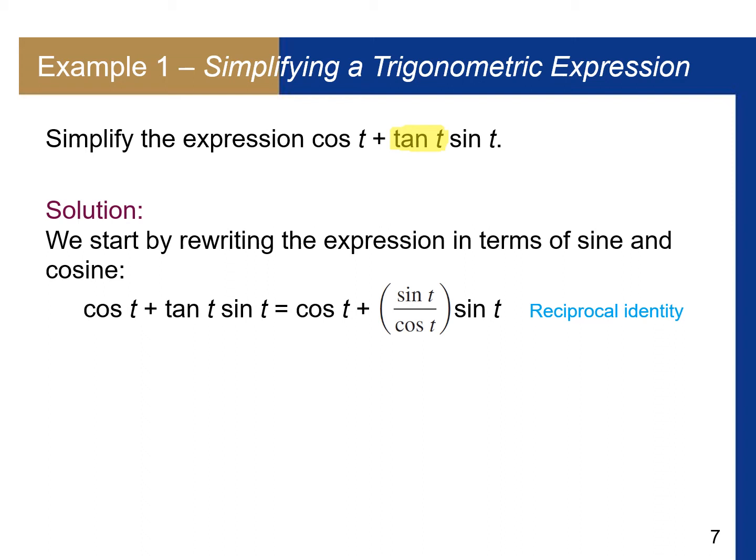Now, I'm looking at this going, well, let me multiply this and see if it makes any difference. And now I have sine t times sine t is sine squared. And then if I change this to a common denominator, I'm going to place my cosine over 1, which means I have to multiply the top and the bottom by cosine.